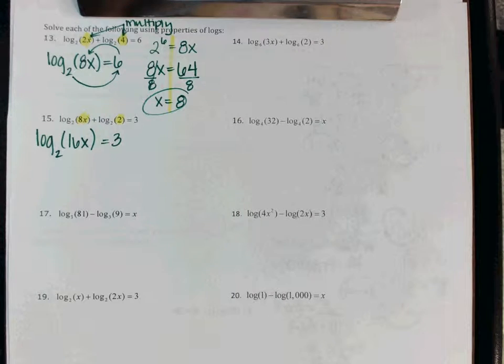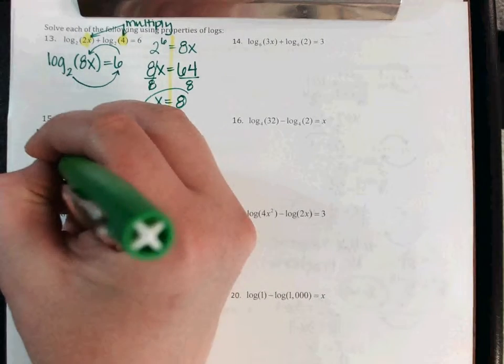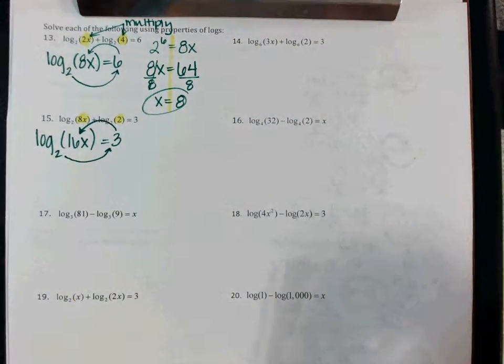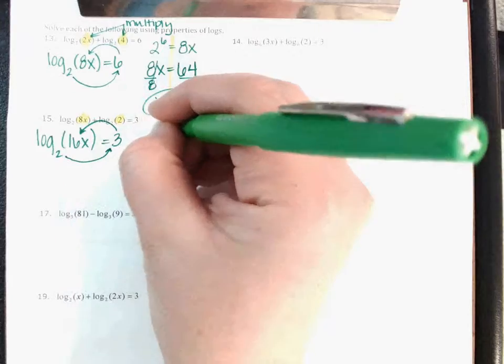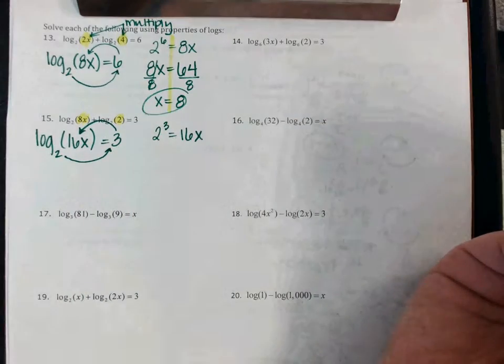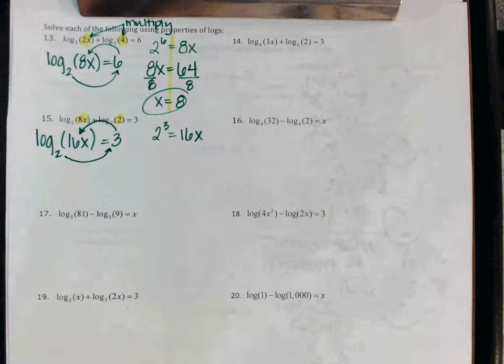Will it be 2 to the 3 or 3 to the 2? 2 to the 3. Remember, you're always starting here and then bringing it back around. So it'll be 2 up to the 3 equals 16x. Then remember, if my x is on the right side, I don't need little numbers, I need big numbers.